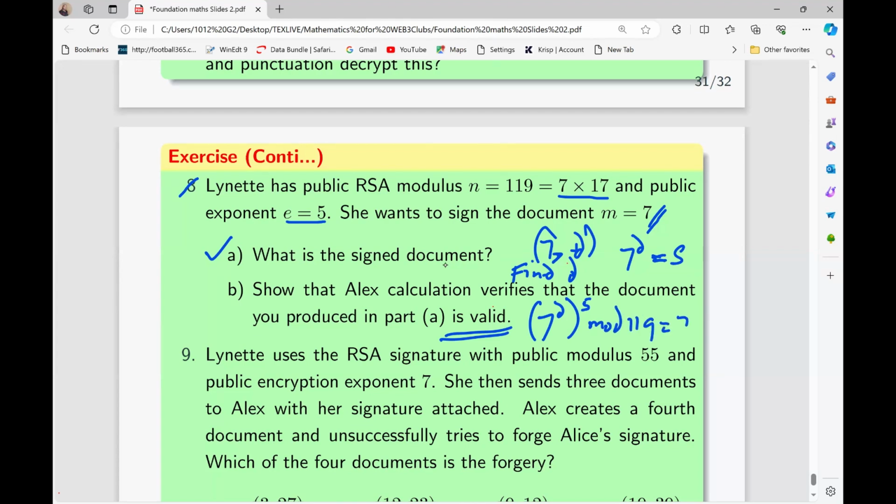See whether this is 7. If it is 7, it means you verified that this message for sure came from Lynette. So that is what you'll be doing. That is, of course, the notion of public signature by RSA.